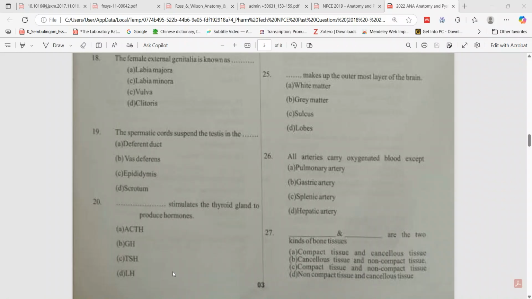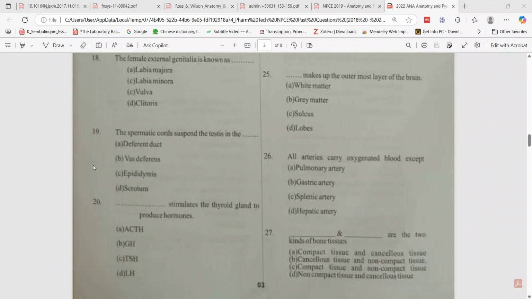It's gray matter. The inner part is white matter. It's the other way around for the spinal cord, where the white matter covers the outside and the gray matter is on the inner part. All right, go ahead.